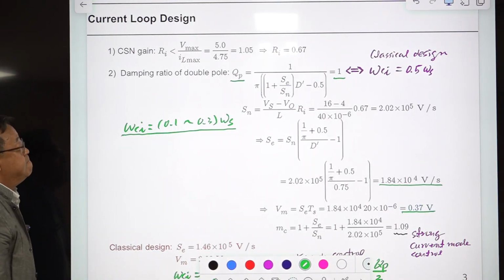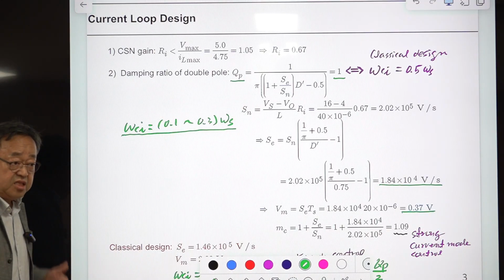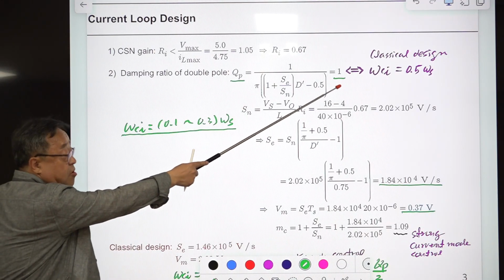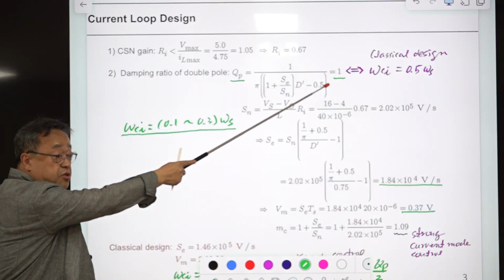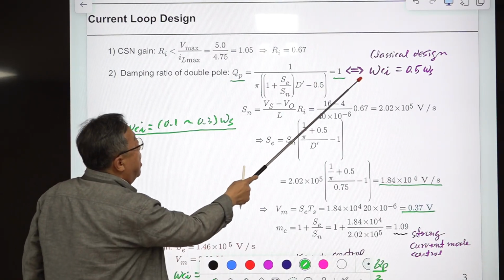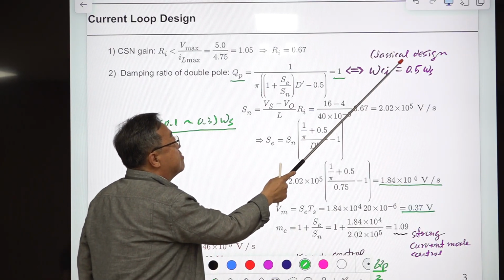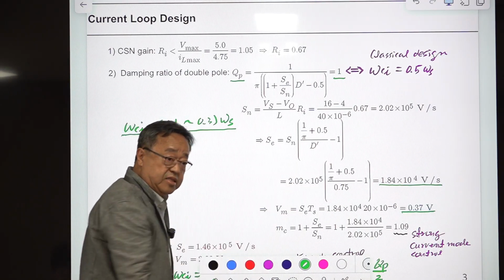Then the relationship between this new design and the classical design is shown here, okay? I'm showing the final result in advance, right? Then this is the same as selecting omega ci as 0.5 times omega s.